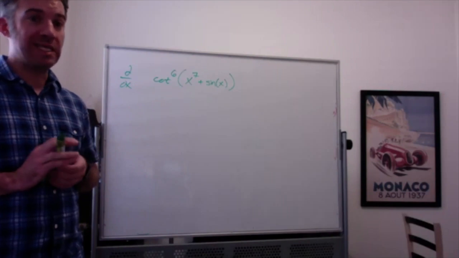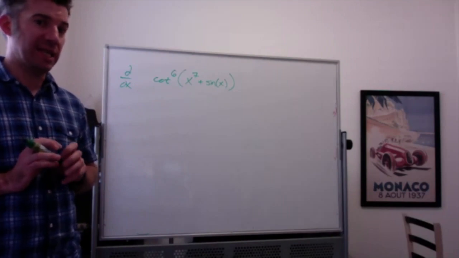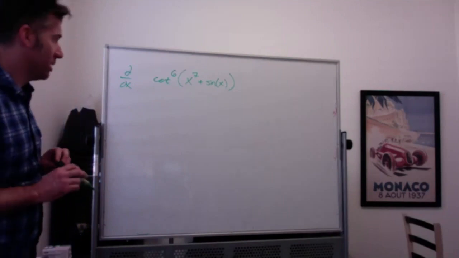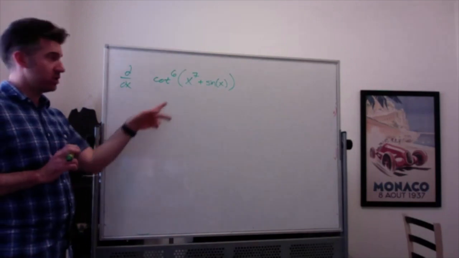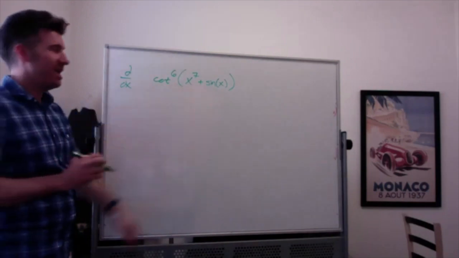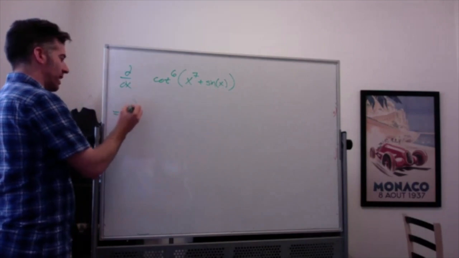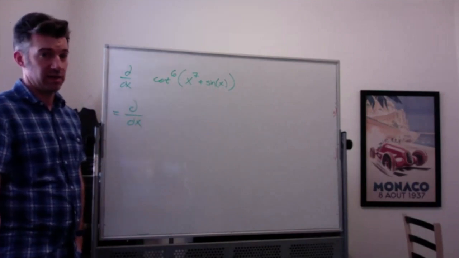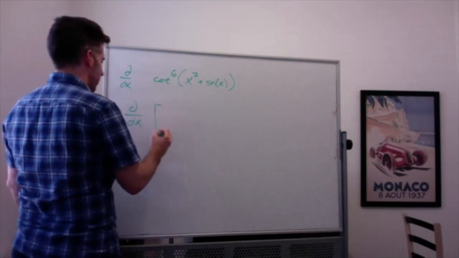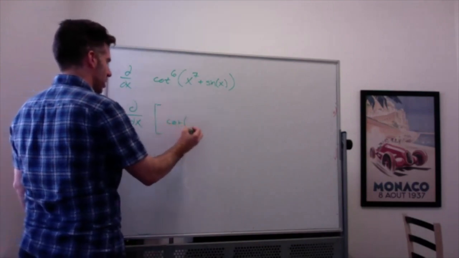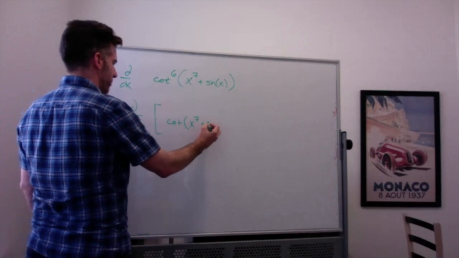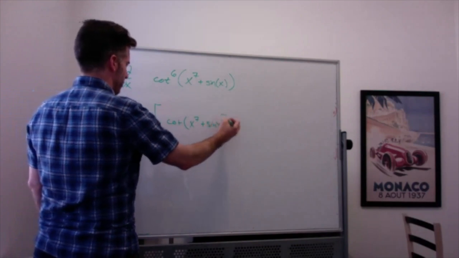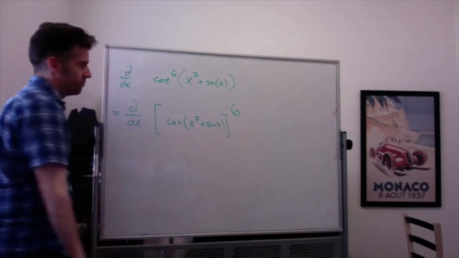This is most easily seen if we rewrite this in the less abbreviated way. So whenever I'm taking the derivative of a trig function to a power of some stuff, I'm almost always going to rewrite it first. I'm not taking the derivative yet, I'm just rewriting this as cotangent of my stuff, to the 6th power.